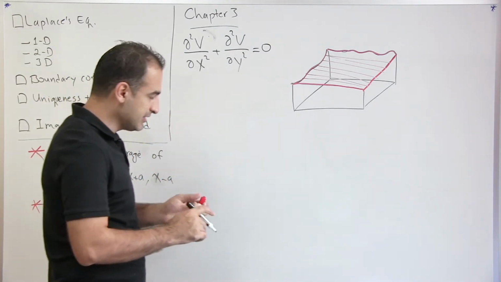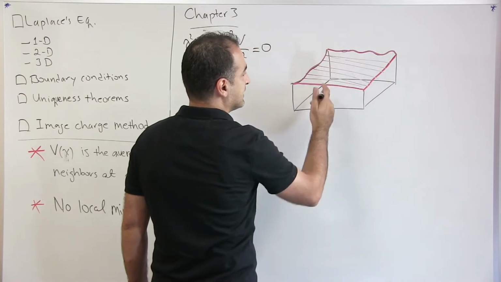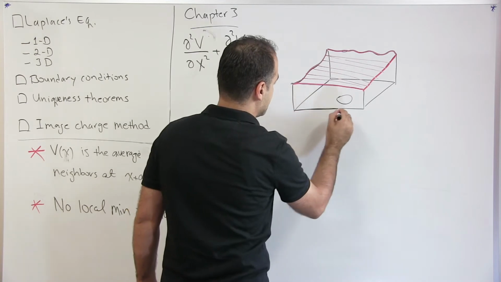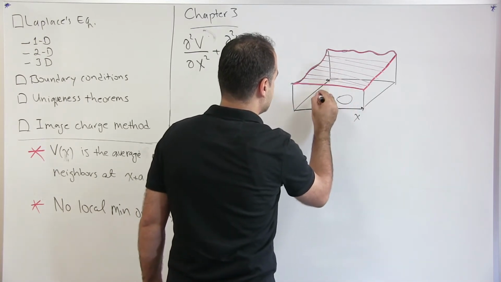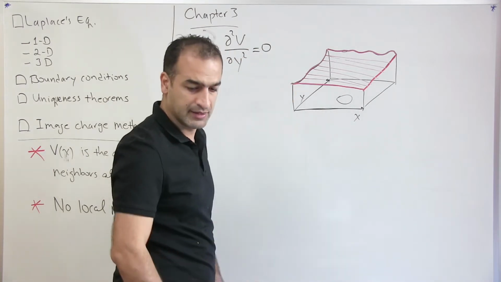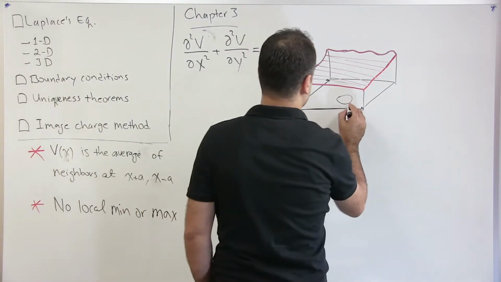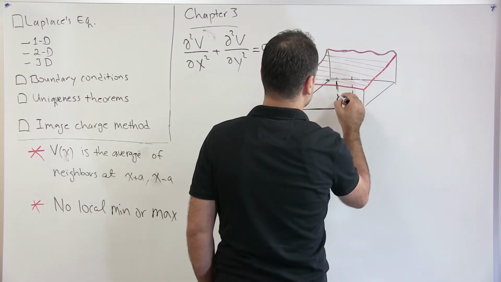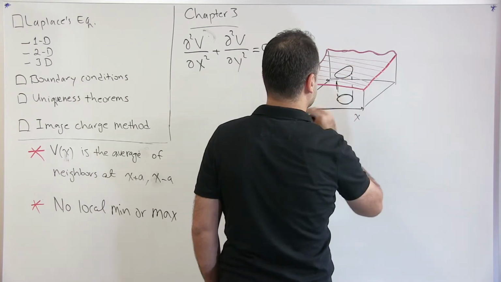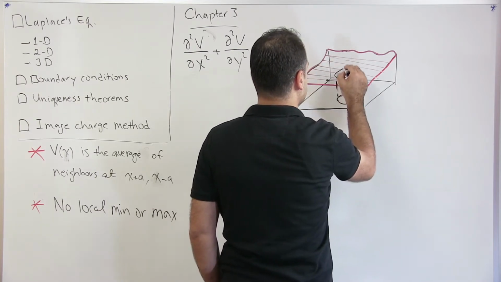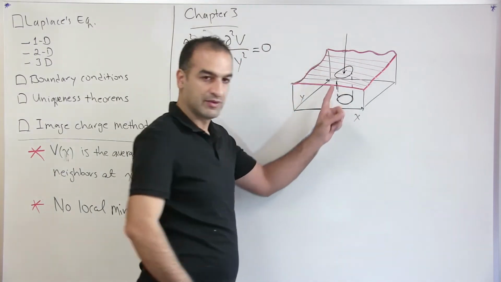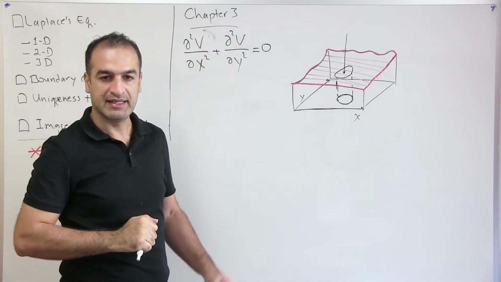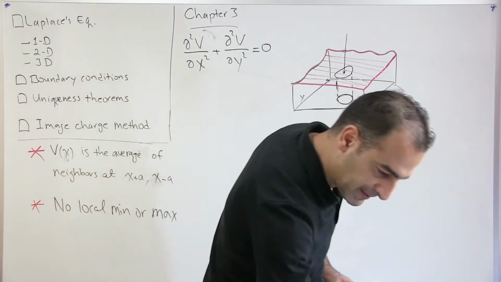At any point in the center, not on the boundary, if you draw a circle, let's say this is now x and the other one is the y coordinate, and you project that on the surface, the value at the center is going to be the average of all these neighboring points on the circle. And that's something you can mathematically show as well.